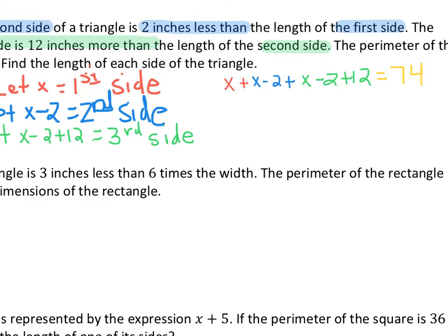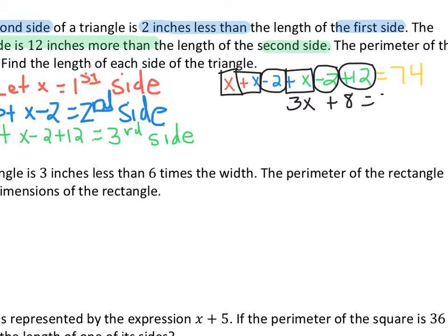So let's go ahead and solve this problem. I'm going to start by combining like terms. We have x, x, and another x, which equals 3x. And we have negative 2 and positive 12, which altogether equals a positive 8.